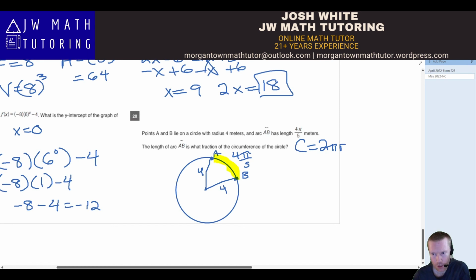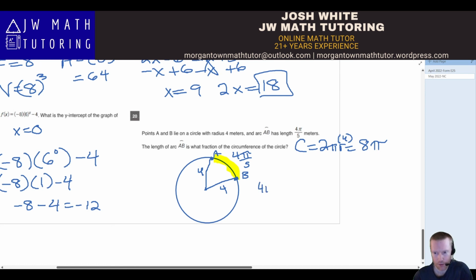When you plug in, it's 2 pi r, so you plug in the radius of 4, and you should get 8 pi as the circumference of the circle. So basically it's saying 4 pi over 5 is what fraction of the entire thing.